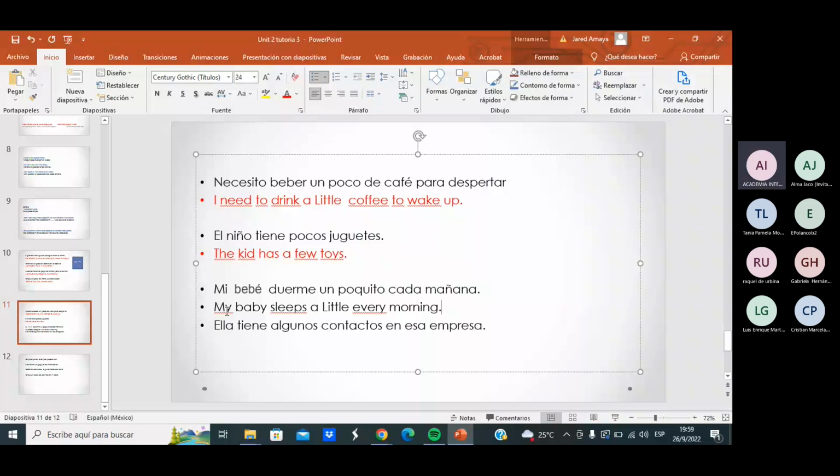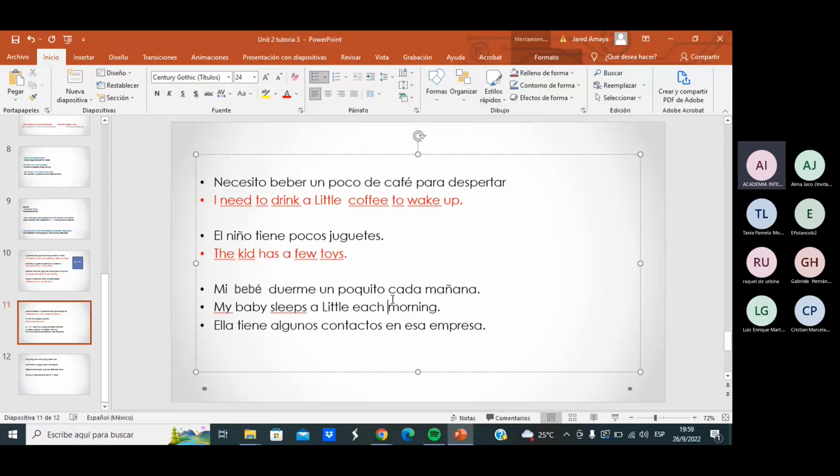We can use each as well, but here every morning it's like cada mañana, todas las mañanas, ¿verdad? Porque cada mañana es como algo seguido. We can use each or every. My baby sleeps a little each morning.